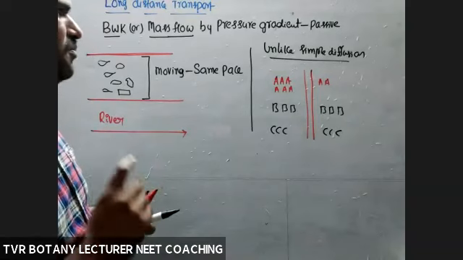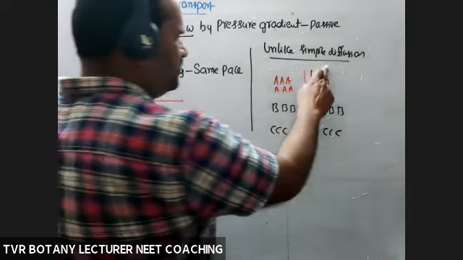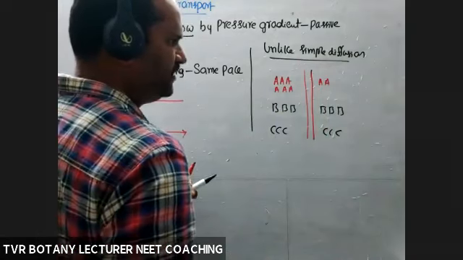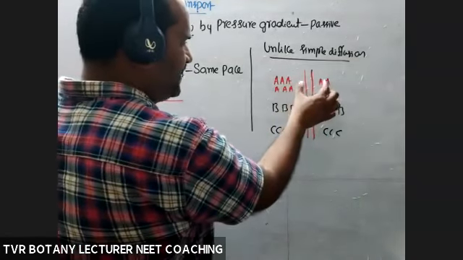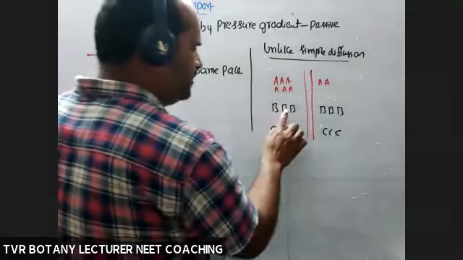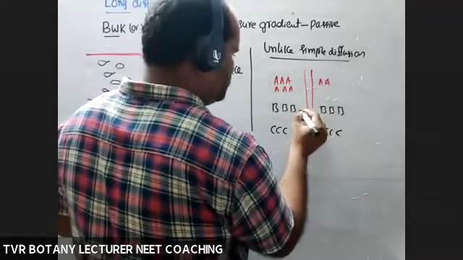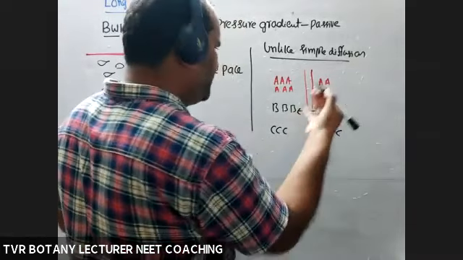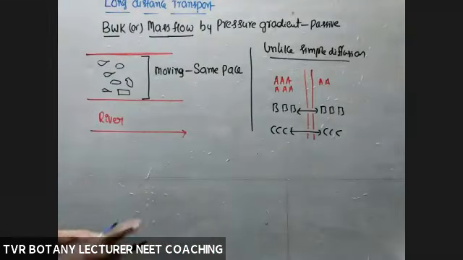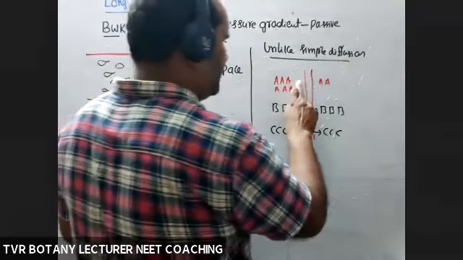What about the rate of movement or direction of movement of molecules according to simple diffusion? More to less, down the gradient. So here the concentration gradient is in between A type of molecules only, not between B type of molecules and C type of molecules. So here there is no net movement of B molecules and C molecules. Here the movement is according to their own concentration gradient.